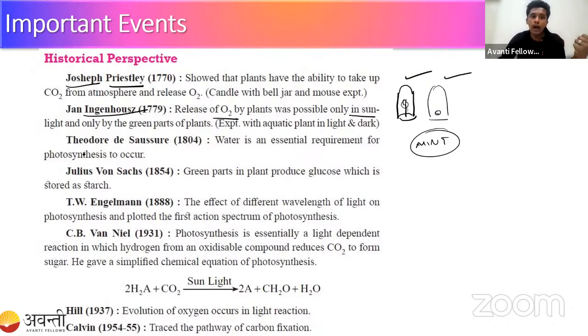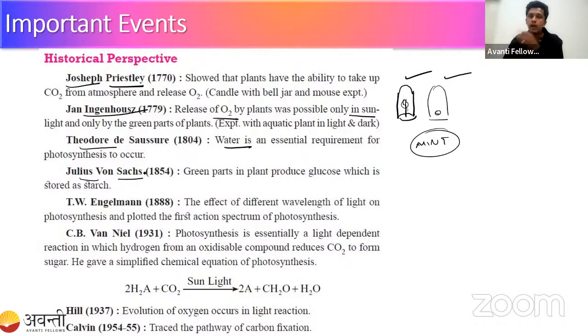And further, this is one of the revolutionary discoveries, I can tell. Theodore gave an essential experiment where he proved that water is a very important ingredient for photosynthesis to even take place. And then comes Julius von Sachs. Here he talks about how plants produce energy and what type of energy they produce.